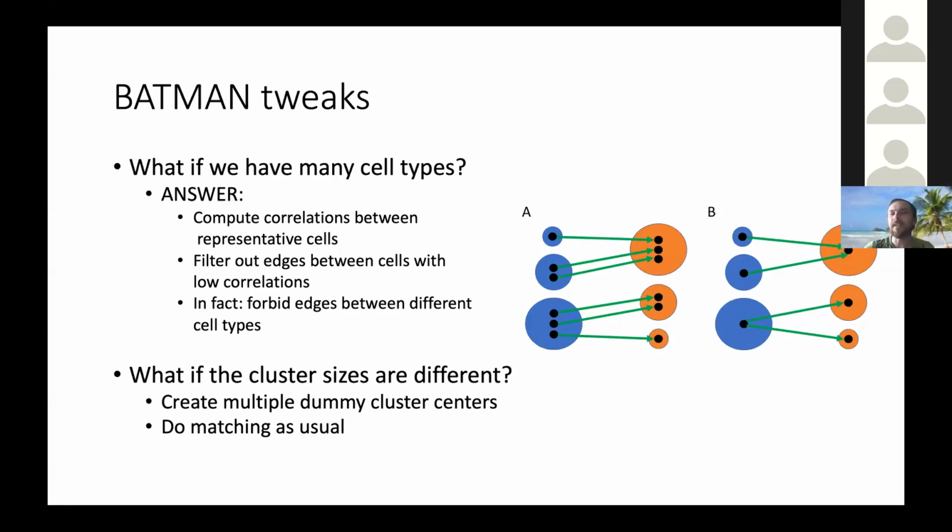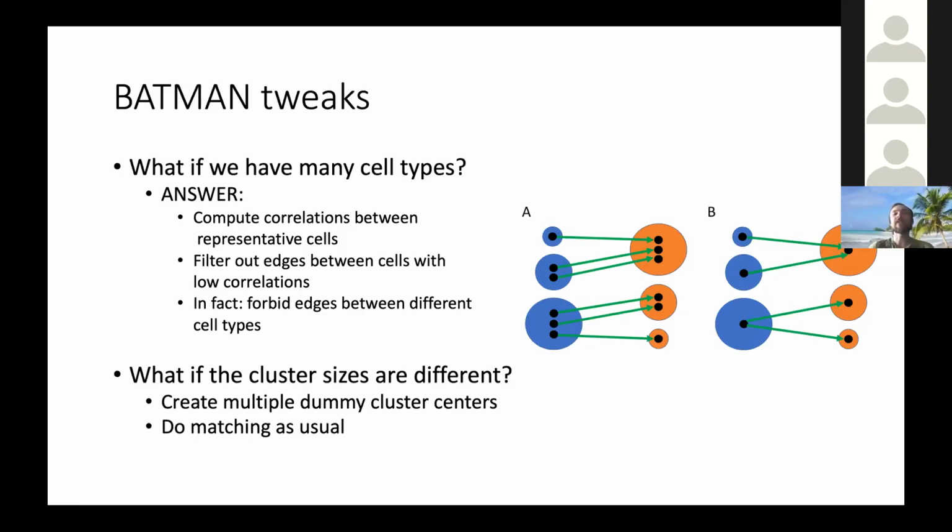And here a possible question that I can get is what do we do if we have, for example, many cell types? So I was just presenting the case when I have 2 point clouds or 2 batches. So what happens when we have many cell types? So what do we do with this matching? My answer here is that I'm computing, let's say, Pearson correlation between representative cells, between their expression profiles.